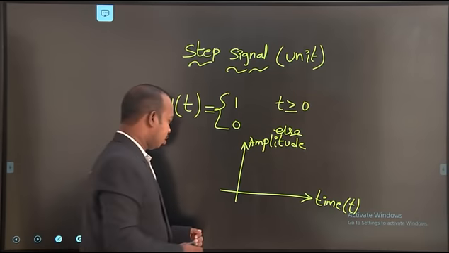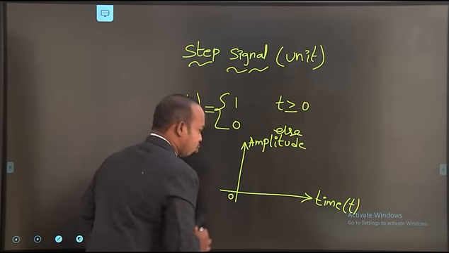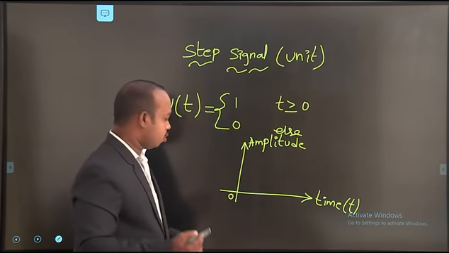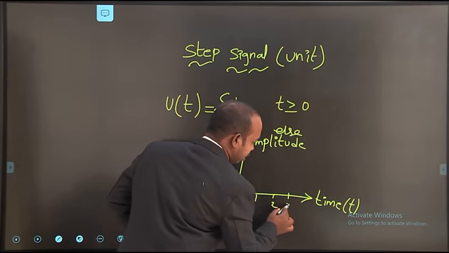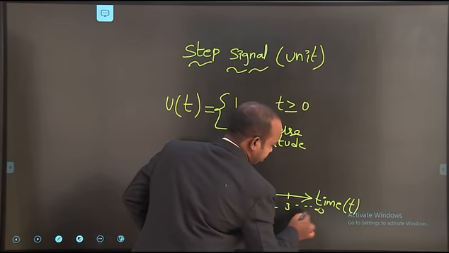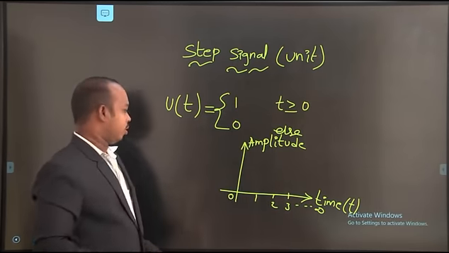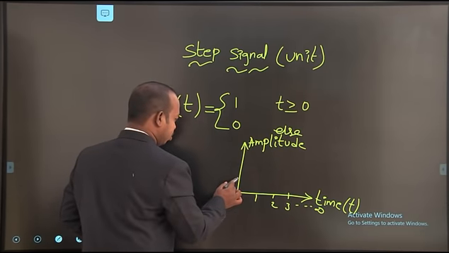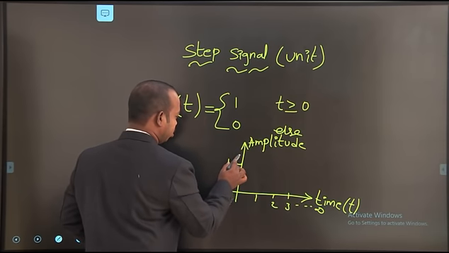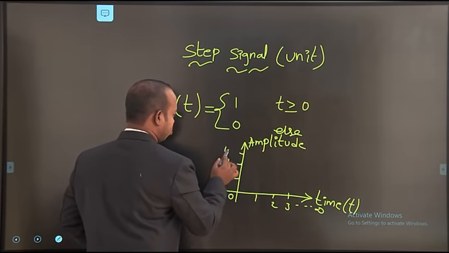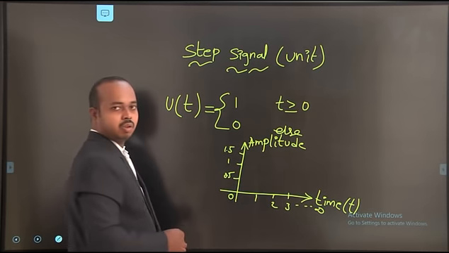First, form the scale on the vertical and horizontal axes. On the horizontal axis: 0, 1, 2, 3, up to infinity. On the vertical axis, assign the values 0.5, 1, and 1.5.